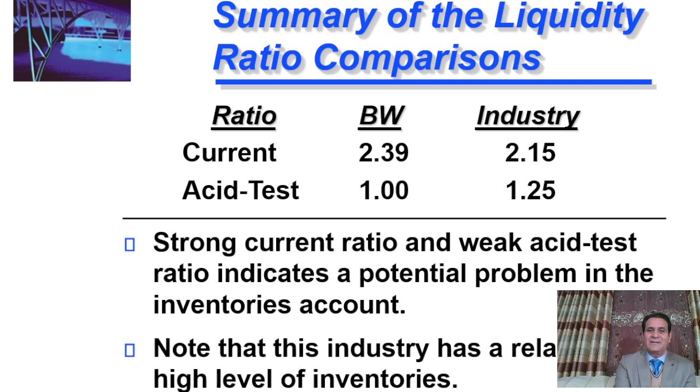The asset test is 1 and 1.25. A stronger current ratio and a weak asset test ratio indicate a potential problem in the inventories account. So there is a problem in the inventory. Note that this industry has a relatively high level of inventories.